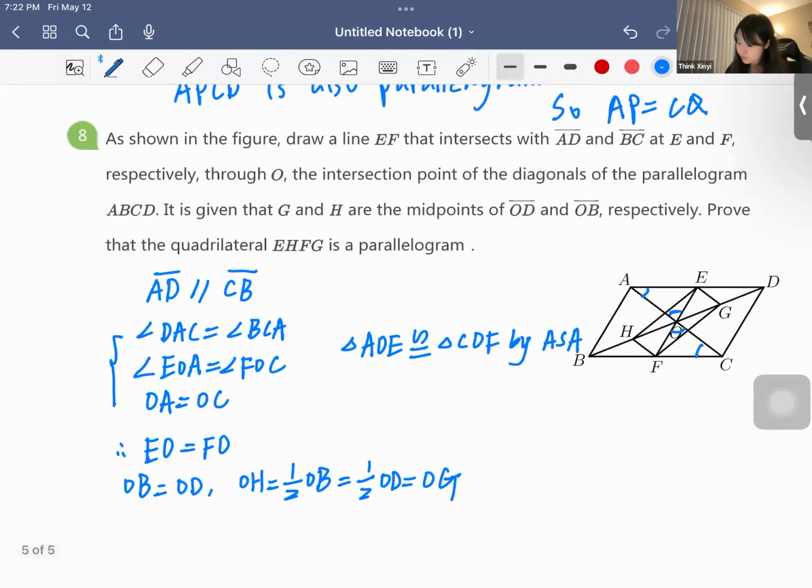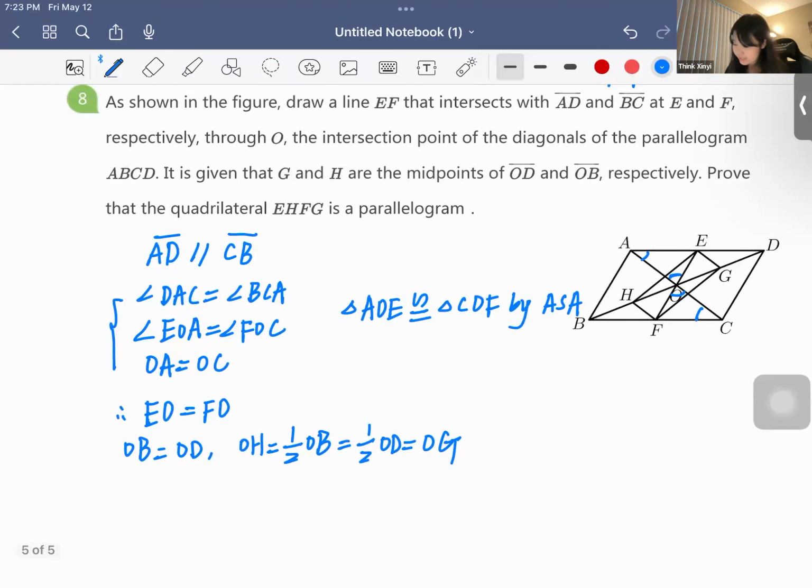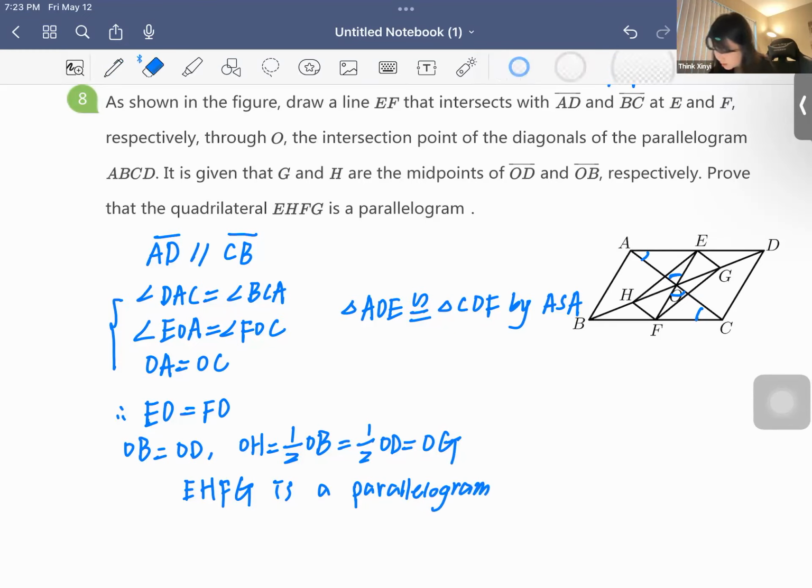Okay, so OH equals OG and EO equals FO, and therefore we can have that EHFG is a parallelogram. Okay, so they bisect each other. Okay, typo. So that's for this question.